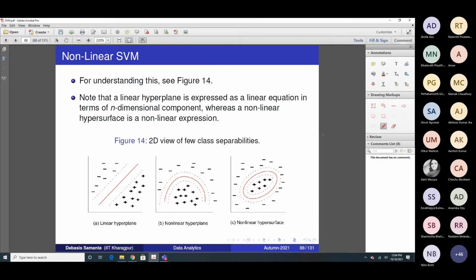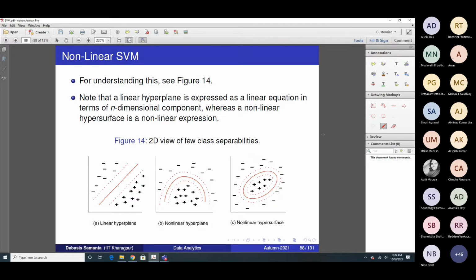In case of linearly separable data, the hyperplane is linear. For example, if your data has two-dimensional attributes, then the hyperplane takes the form of a linear equation. On the other hand, if it is not linearly separable, then even in two-dimensional data, the equation of the hyperplane will be a non-linear equation, an equation with two or more degrees.